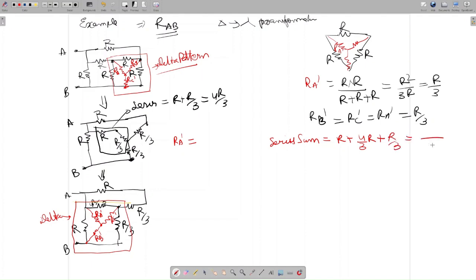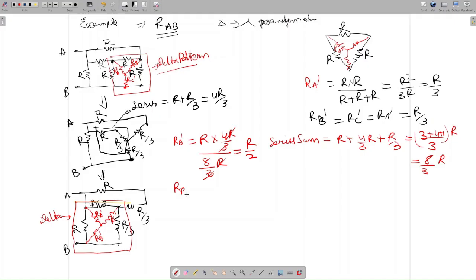This is equal to 3 plus 4 plus 1, R, equal to 8 by 3R. So RA dash is equal to the product of resistances, R times 4R by 3, divided by 8 by 3R. R cancels, 3 cancels, it becomes R by 2.